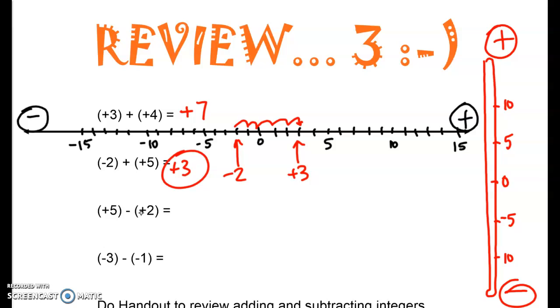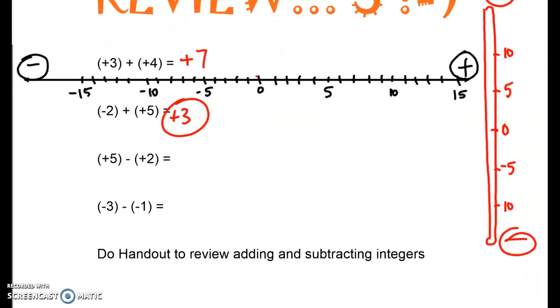Another thing to note is that when we add and subtract integers, it's not like the multiplying and dividing rules. In multiply and divide we say same sign positive, different sign negative. Those rules do not apply to adding and subtracting. We need to use the number line and go in the positive or the negative direction.